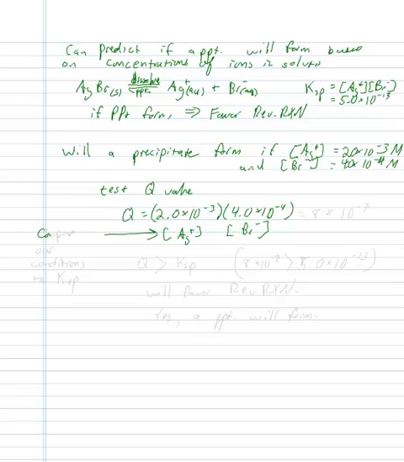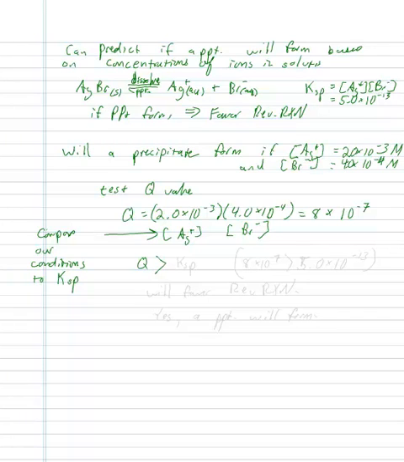And we're going to compare our conditions to the K, or in this case, since we're talking about a specific type, the Ksp. And what we get for a value here is 8 times 10 to the negative 7. So our Q in this case is greater than our Ksp.